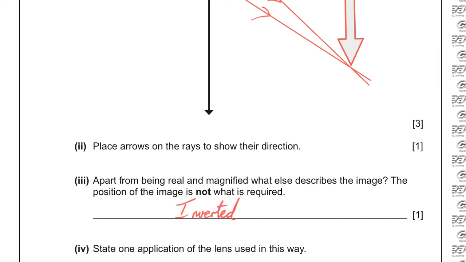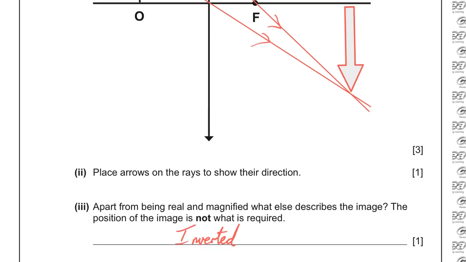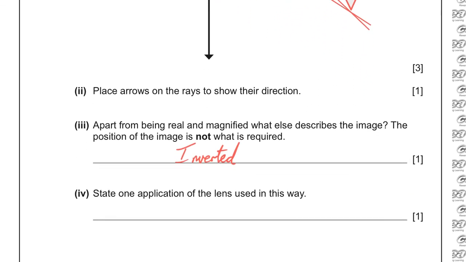State one application of the lens used in this way. Well, we've made something bigger, so something like a photographic enlarger or possibly a projector would be an example of doing this, where we make a bigger copy, which is also real, so it will project onto a screen.